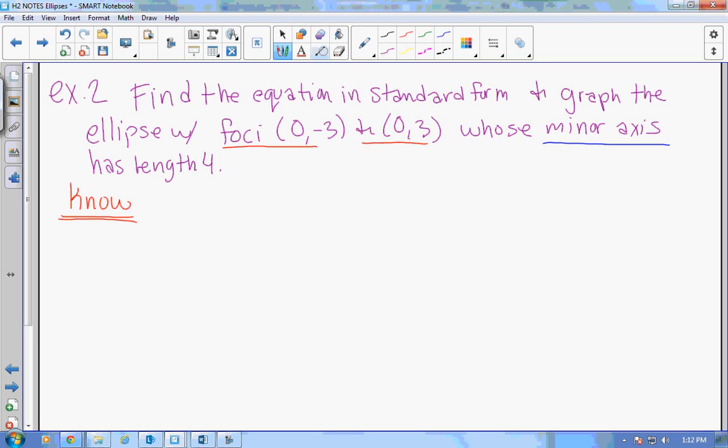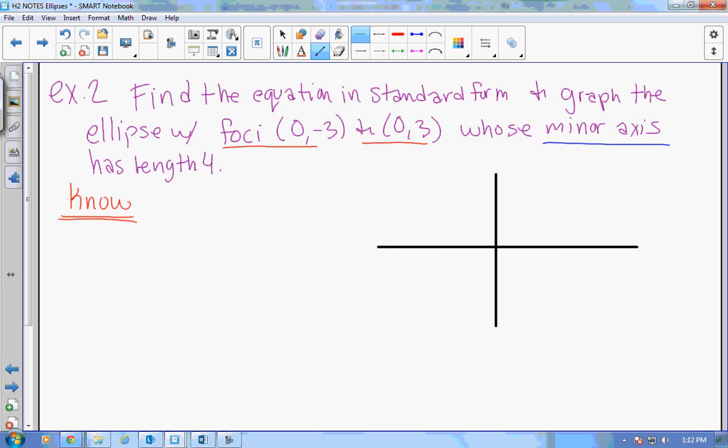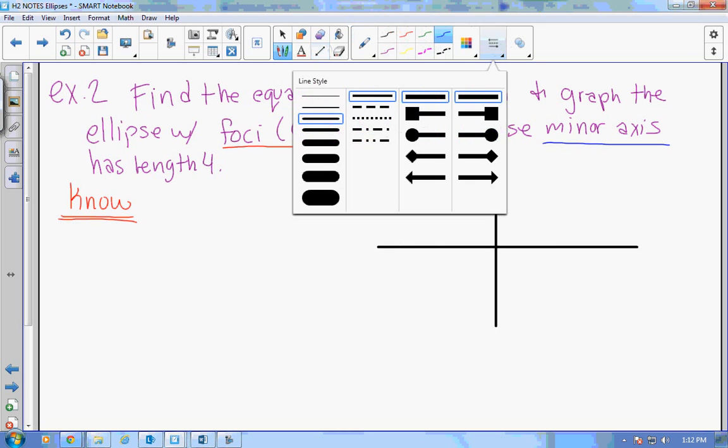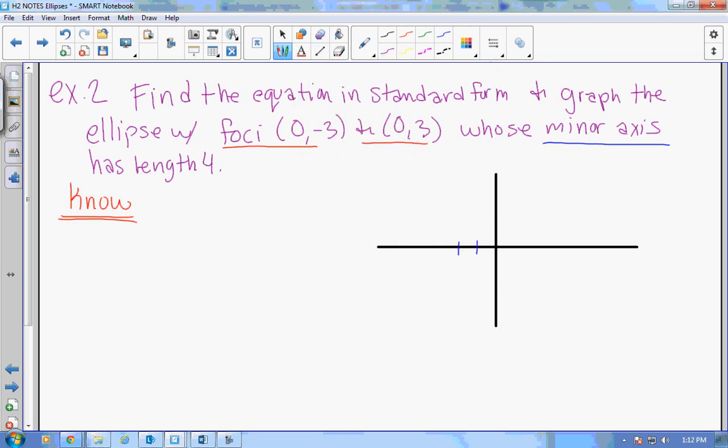Okay, let's start graphing what we know. We know we have foci at (0, -3) and (0, 3). That's like our F1. It doesn't matter if it's F1 or F2. Because of symmetry, and we know the two foci, where's the center of the ellipse? (0, 0).